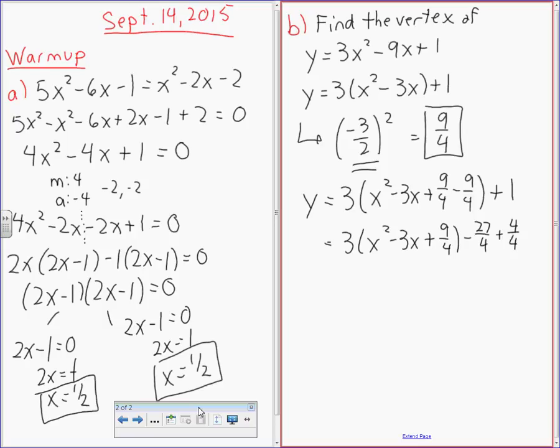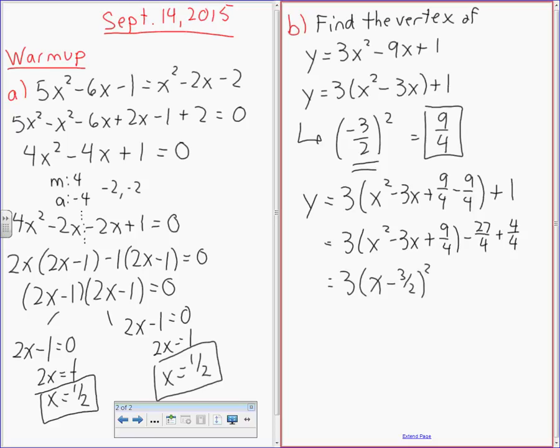Okay, Nathan. How do you factor this bracket thing? What does that turn into, please? You take the number, you make it negative, x minus 3 half. Good.